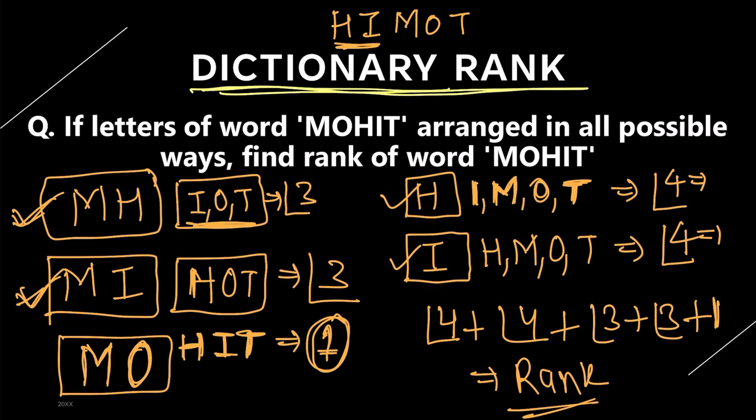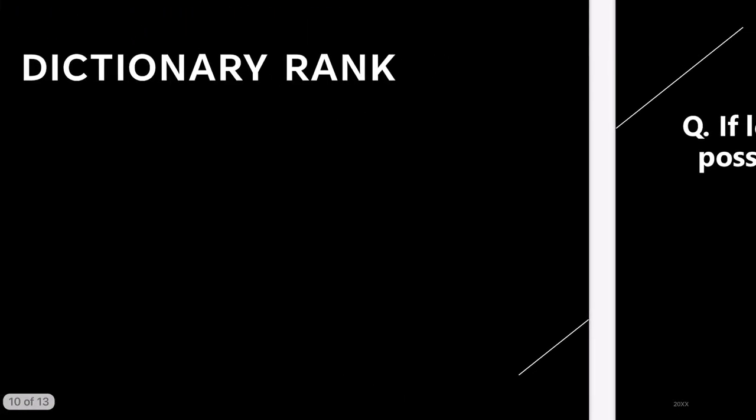Second, you start with the lowest letter H, then move to I, and then we reach M. But to reach MO, we first have to go through MH, then MI. Once I reached MO, I saw that MOHIT is the first word if I arrange them in ascending order. So this is how we learn about dictionary rank.